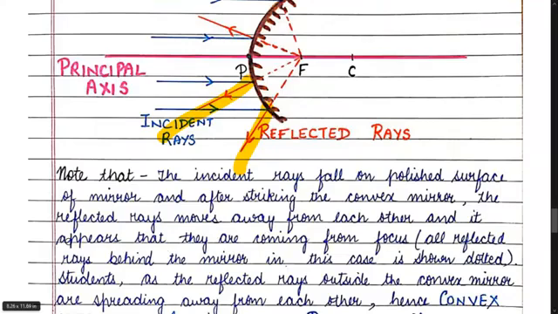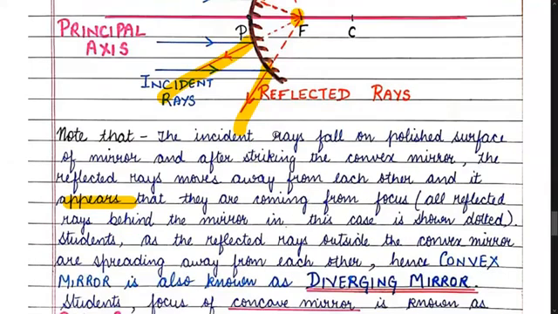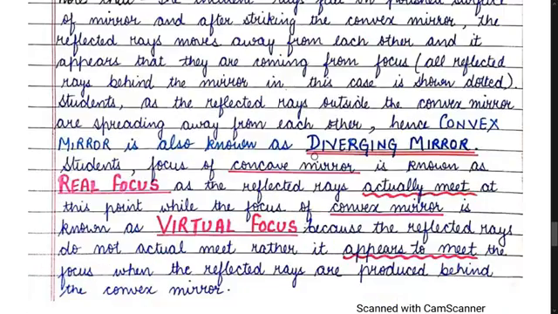And it appears that they are coming from one point known as focus. So students, as the reflected rays outside the convex mirror are spreading away from each other, hence a convex mirror is also known as a diverging mirror.